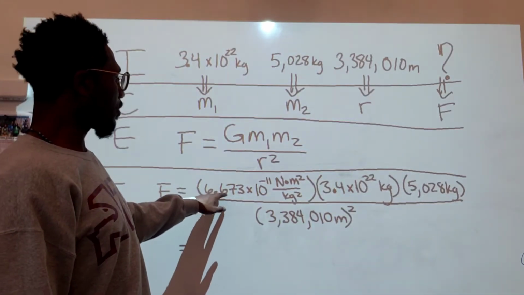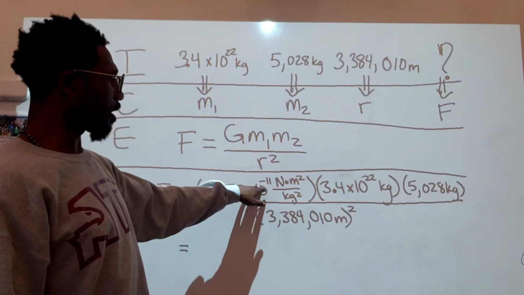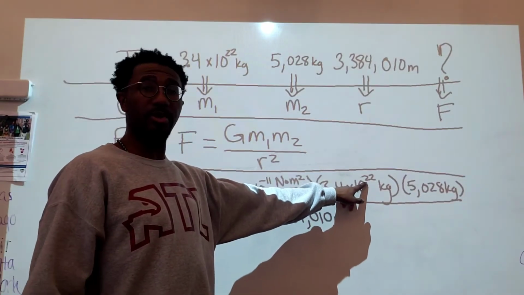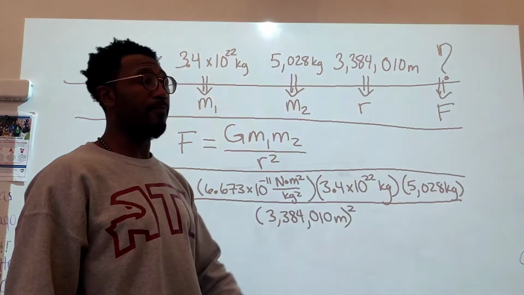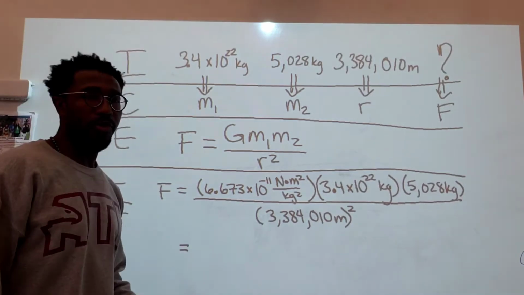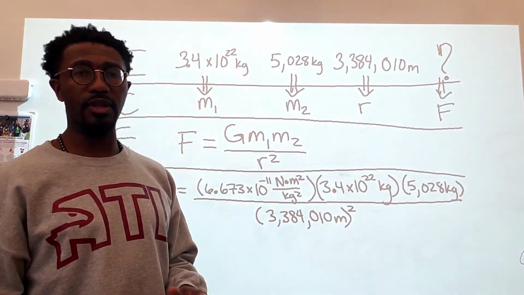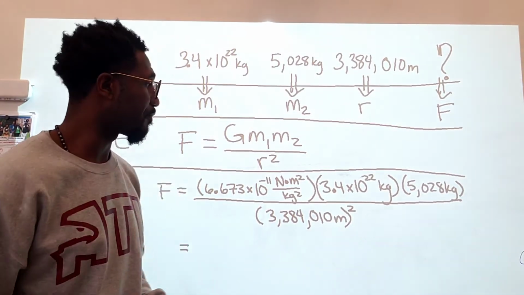Here we've got a really small number because it's 10 to the negative 11, and over here we've got a really big number, 10 to the 22nd power. So when we deal with exponential notation, we've got to handle it a little differently than standard multiplication.